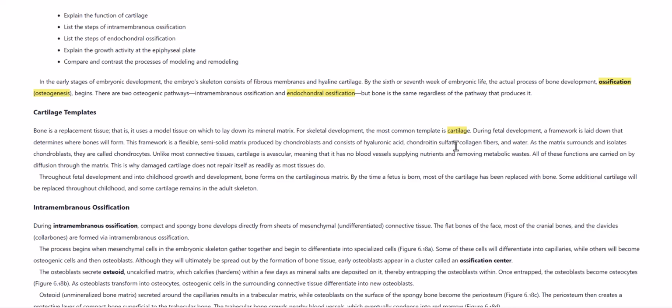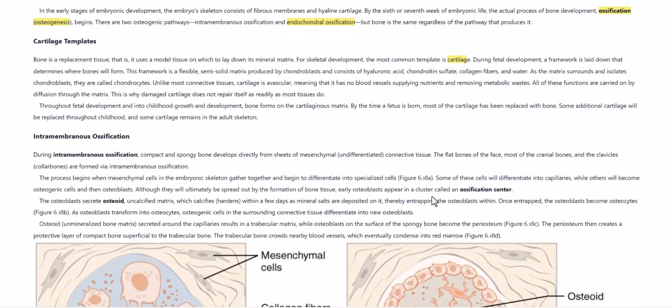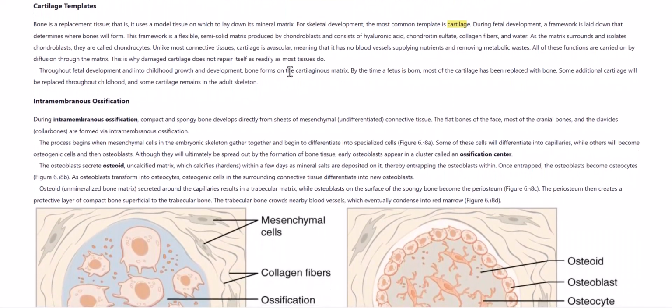Because it's still cartilage, the skeleton at that point is completely avascular, right? So you see no blood vessels. It would be an avascular hyaline cartilage, very flexible as a result. And then at some point, the cartilaginous structure starts to become bone and is replaced by bone.